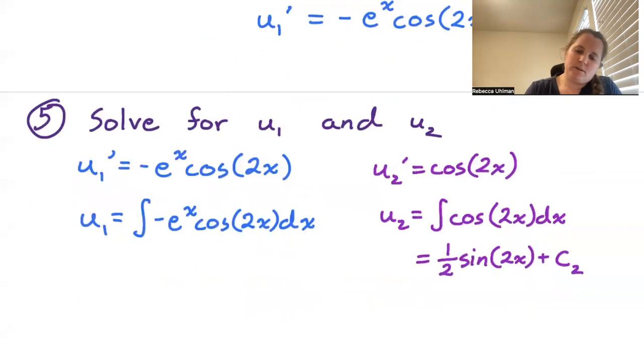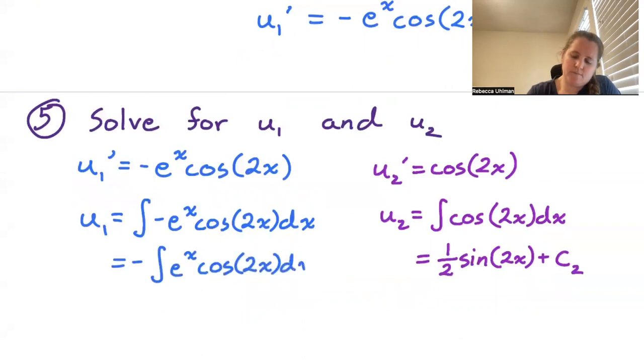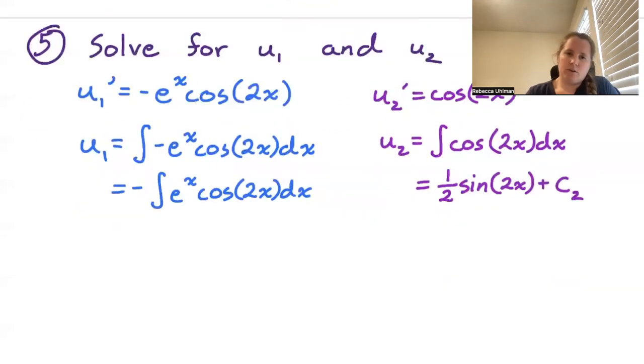For u1, we're going to need to do a little bit of integration by parts. So I'm going to rewrite this as negative integral e^x cosine of 2x dx. If we do that integration, we have our u and dv.